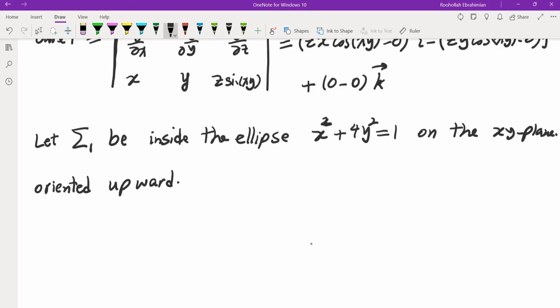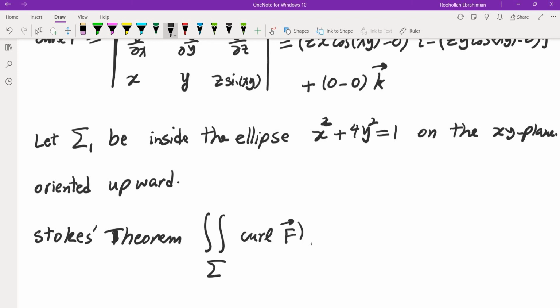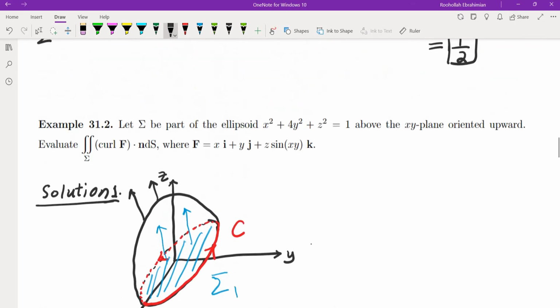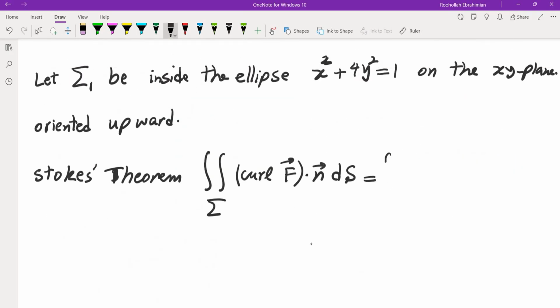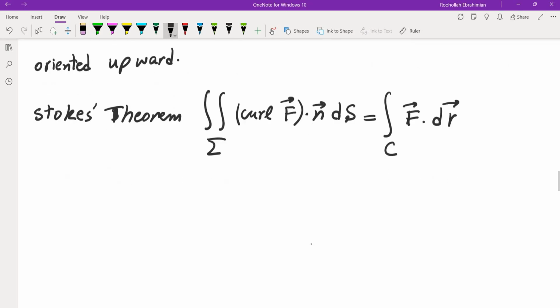Now, we will apply Stokes theorem. Stokes theorem tells us the surface integral of curl of f dot n dS, which is what they gave us, is equal to the line integral of f dot dr. This is what Stokes theorem tells us.